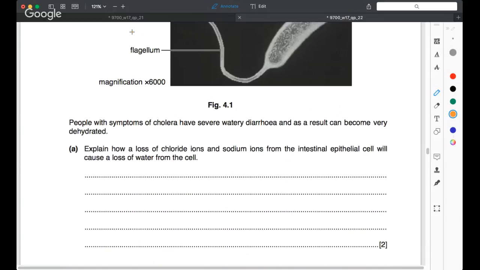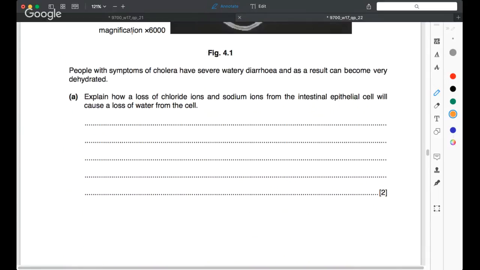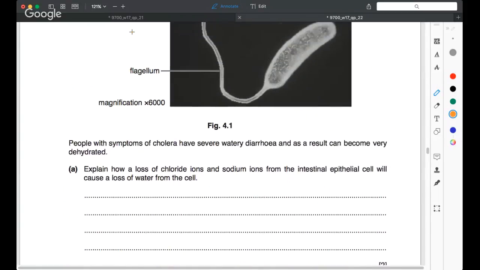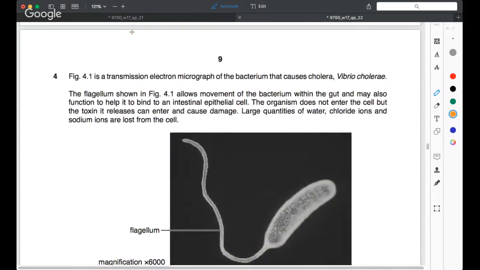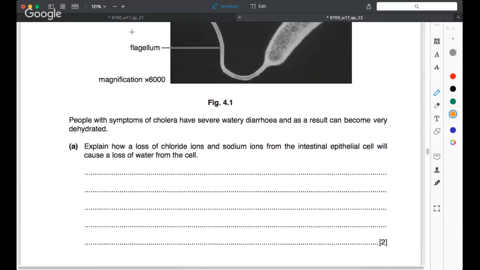Well, the intracellular environment. And so thus creating a concentration gradient for the water to move by osmosis.